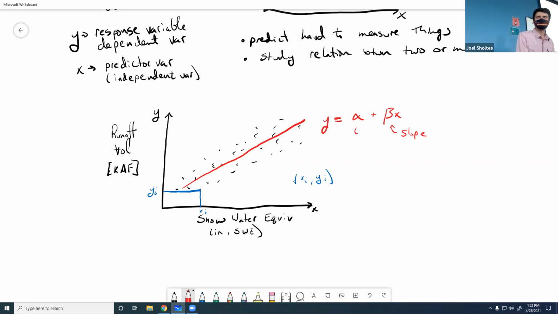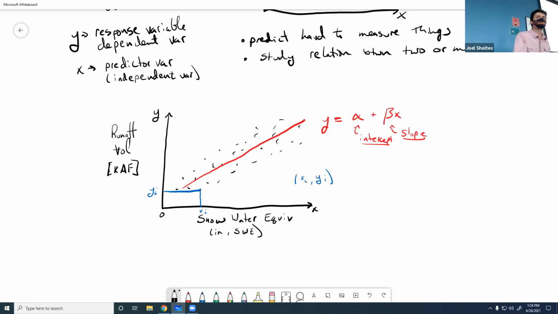And we have the intercept. And of course, you'd imagine that if we have 0 SWE, we should have 0 runoff, right? But we're never going to measure 0 SWE. And so we don't necessarily care about what happens when x is equal to 0, right?